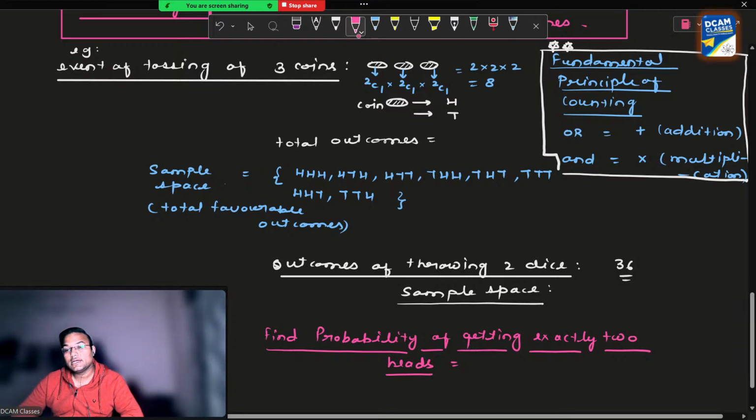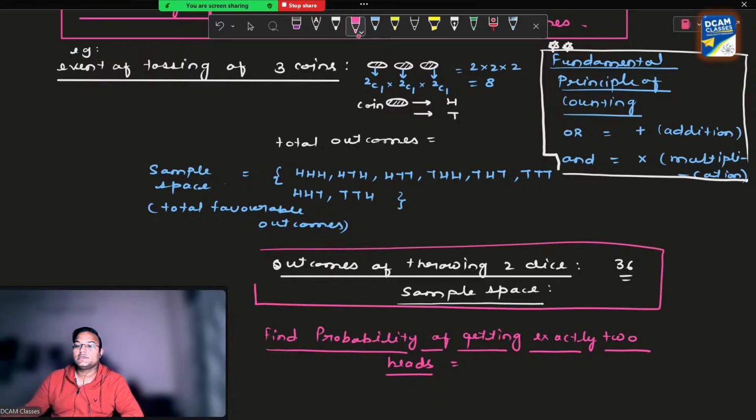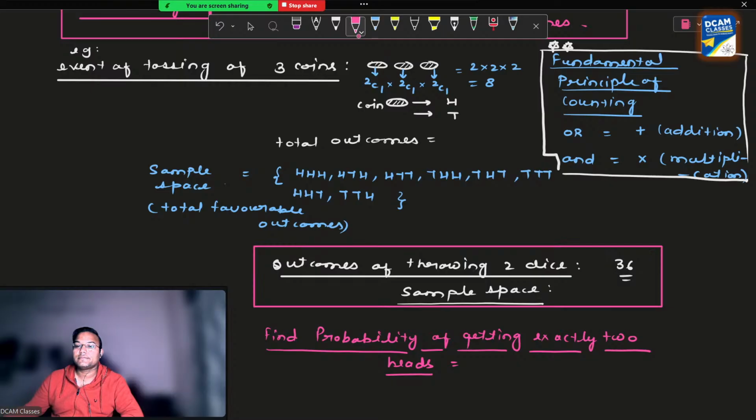You have to see the total favorable cases. I'm talking about the event of tossing 3 coins. This was just an example, just to make you understand. Now we have come back to the event of tossing 3 coins. Tell me what are all those cases in which we are getting exactly 2 heads. Can you name them?